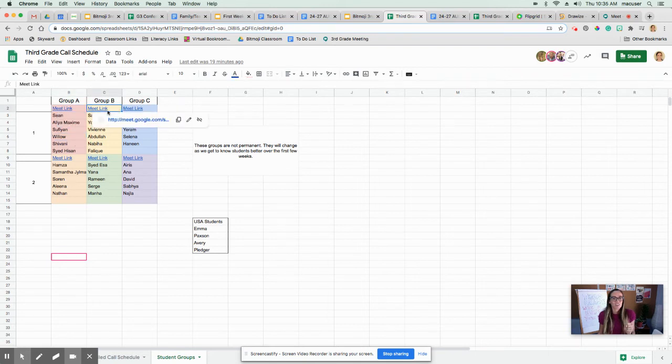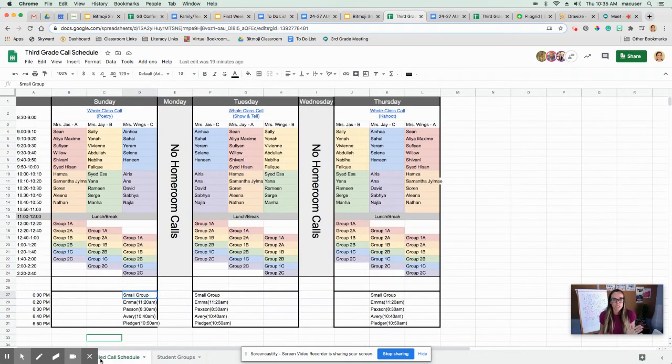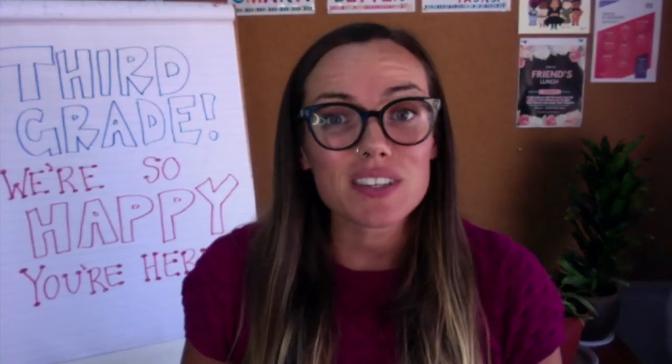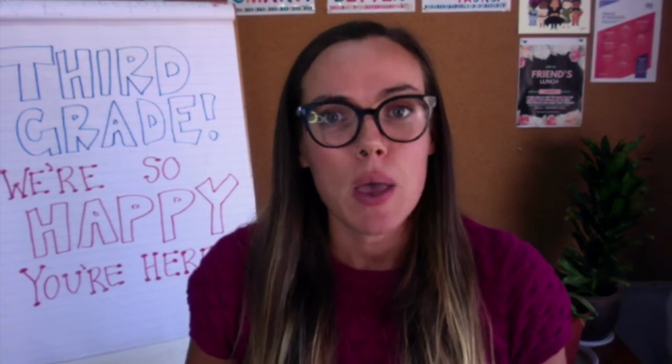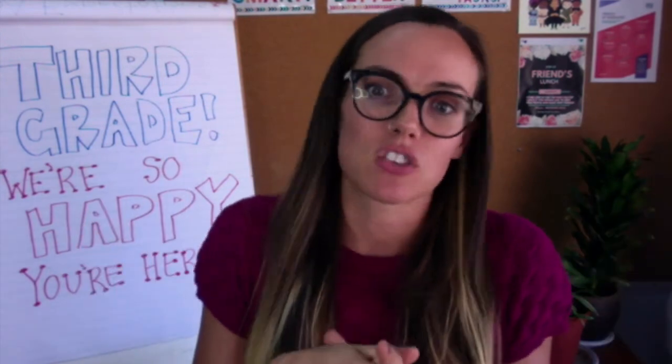And here's group 1B, if your name is in yellow, you will use this meeting link always, okay? So there's 3 tabs on this Google Sheet with lots and lots of information. I know this might seem overcomplicated at first, but I think laying it out like this might help to visualize what this schedule is going to look like.